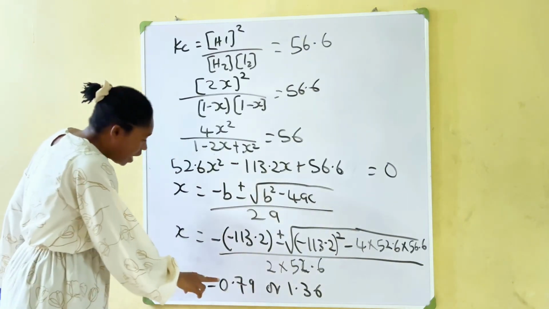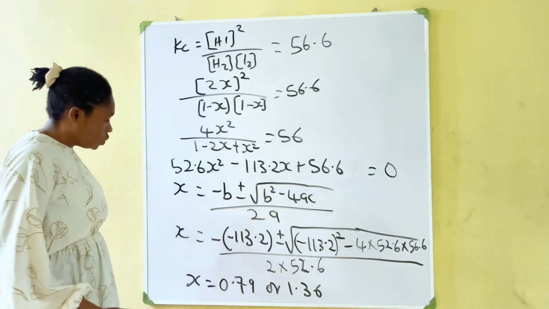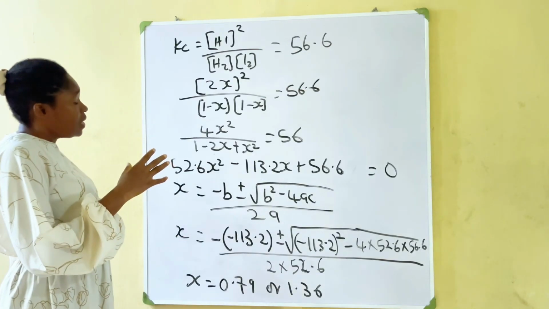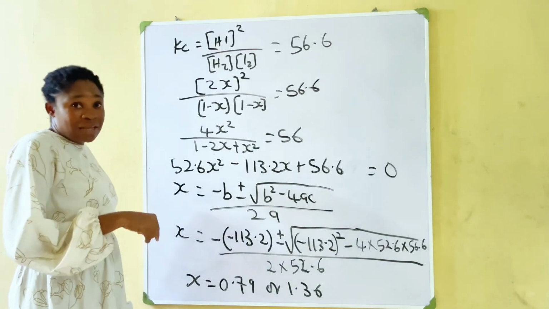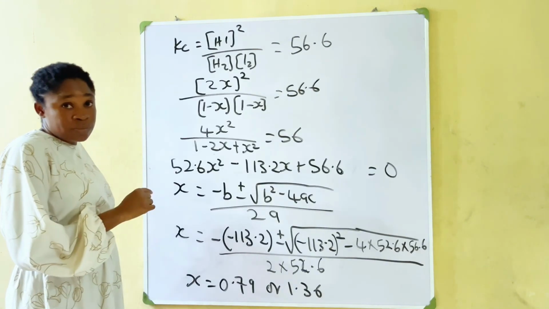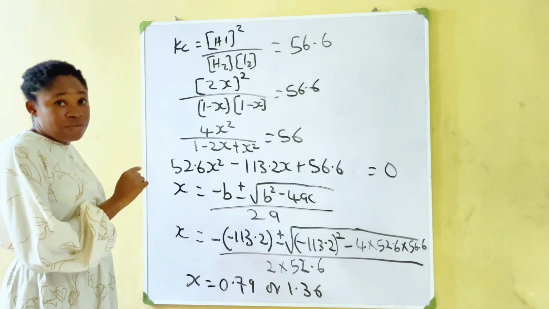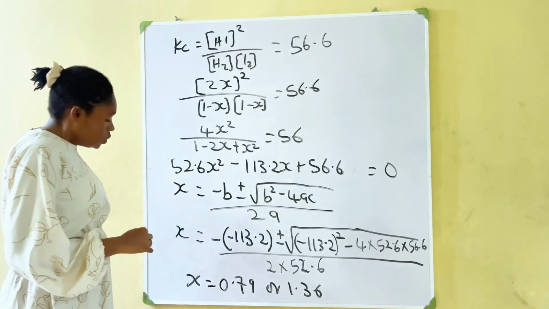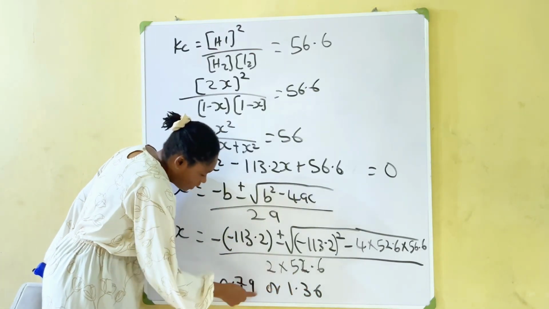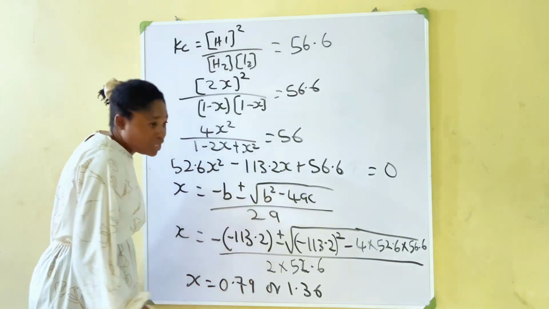Which of these values should we use? The value we use must be less than the initial concentration we are given. Since 1.36 is higher, it is not the practical value. So the practical value I'm going to use is 0.79.